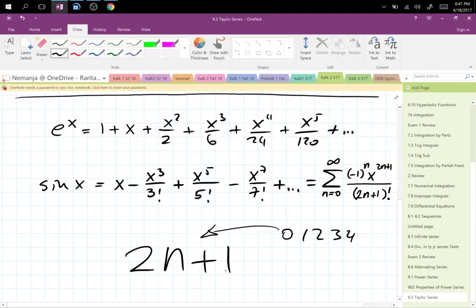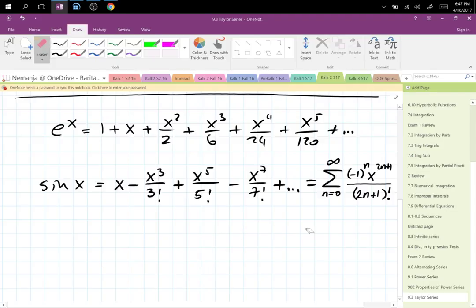For 0, this is 1. For 1, 2 times 1 is 2, plus 1 is 3. And then 4 plus 1 is 5, 6 plus 1 is 7, and so on. So as you are plugging in these values, 2n plus 1 gives you the odd numbers.